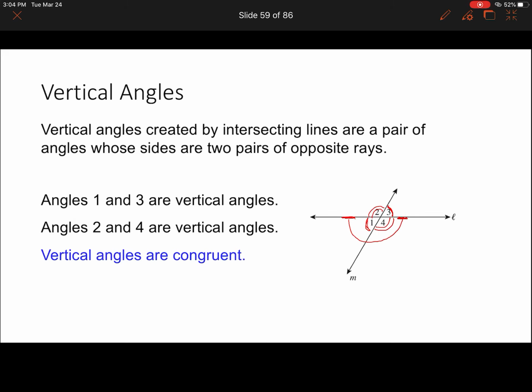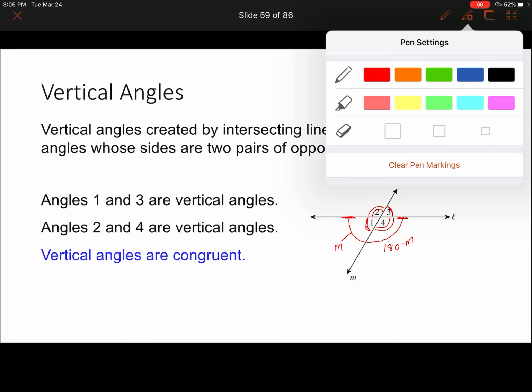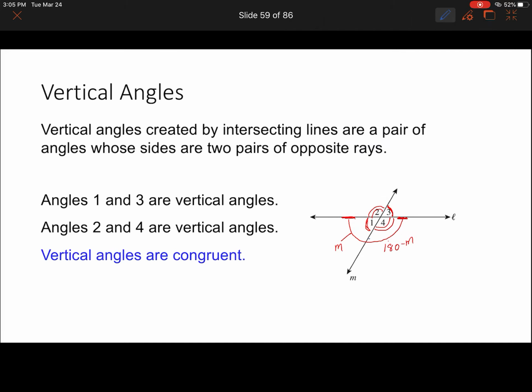And so that should make some sense to us, because if the angle measurement from here, this side, all the way around to this side is 180 degrees, which we've talked about straight angles before, then if angle 1 has some angle measurement, we'll just call it M, and angle 4 is that 180, that full angle minus M, well, then it should make sense that if we go the other direction from here around to there, that too is 180 degrees.